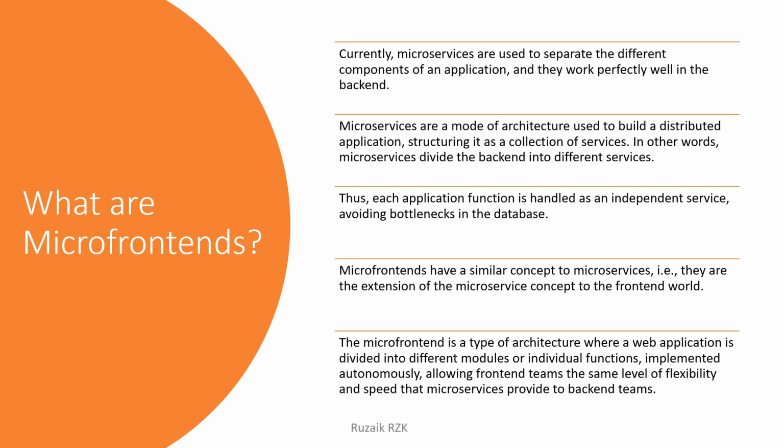The micro front end is a type of architecture where a web application is divided into different modules or individual functions implemented autonomously, allowing front-end teams the same level of flexibility and speed that microservices provide to back-end teams.